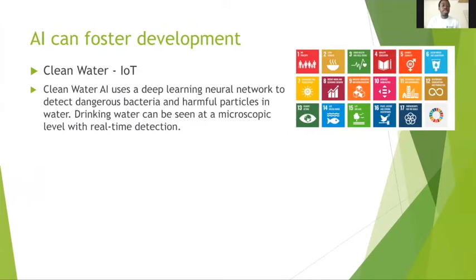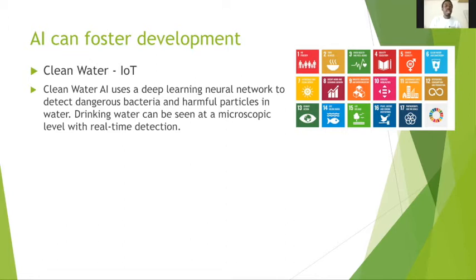Clean water, IoT is Internet of Things. IoT is normally using devices and sensors to be able to detect various things or control various things. And IoT is these days used a lot in conjunction with AI.